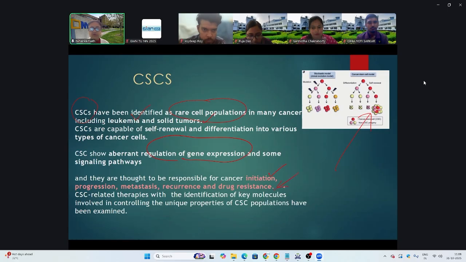Okay, they can cause drug resistance. Why? Because you think you are treating for one, but by then some of the cells have grown and developed a different mutation, and so the drug that was working will not work anymore.